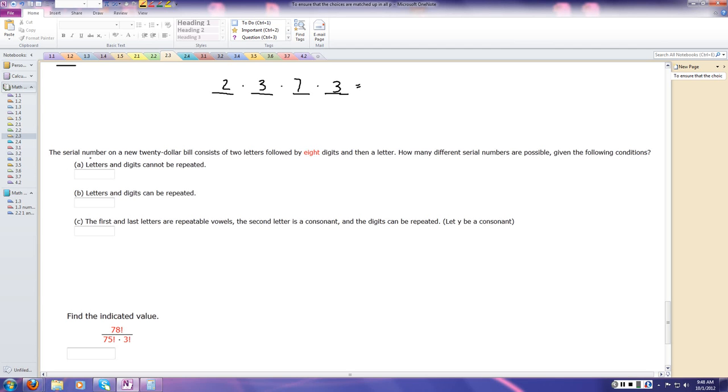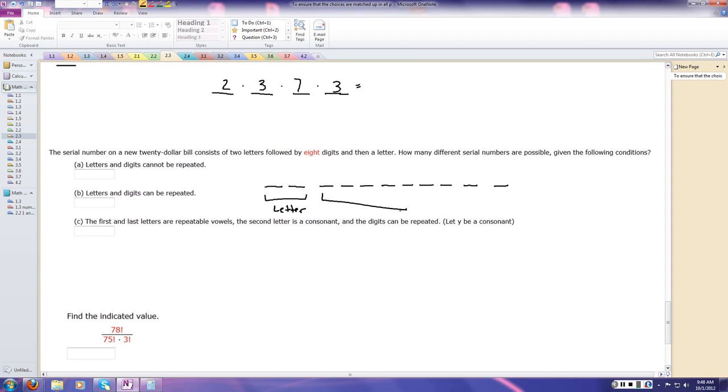The serial number on a $20 bill consists of 2 letters. So I have 2 letters here, followed by 8 digits, and then followed by a letter. So I know here is letter.